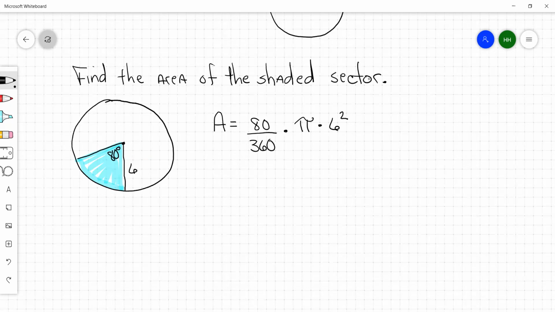And again, we're going to leave our answer in the two different formats. So we're going to take 80 divided by 360 and hit equals times 6 squared and hit equals. And we get 8 pi.